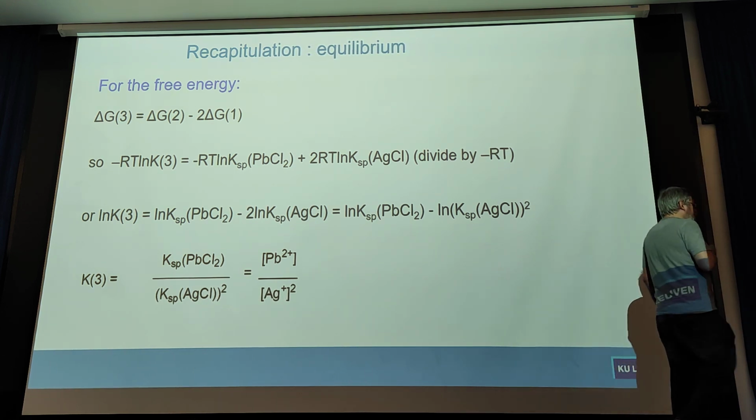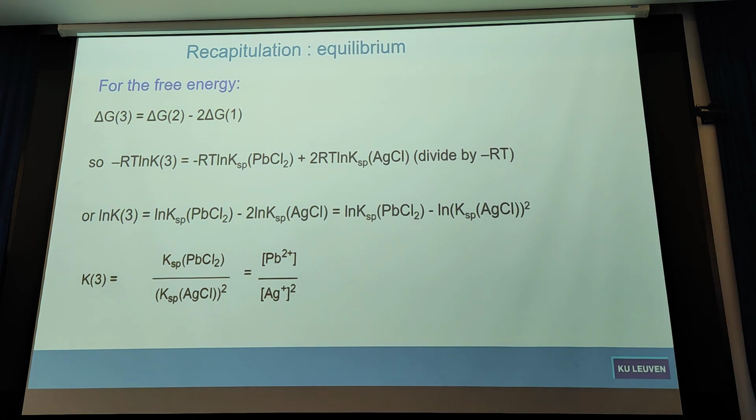So let's now convert it into the logarithm of k, just to show you how these mathematical relations work. Every time it's minus RT ln k for every free energy.